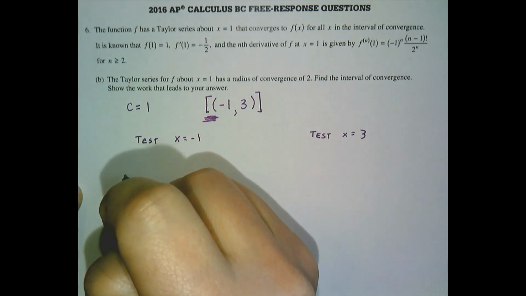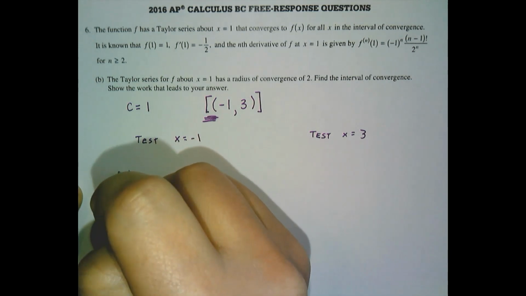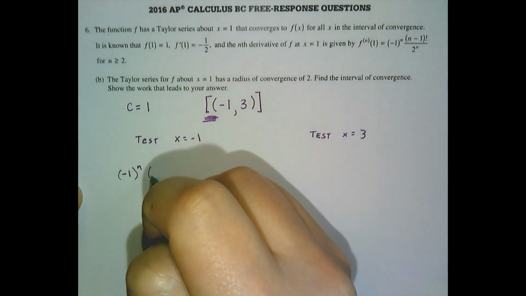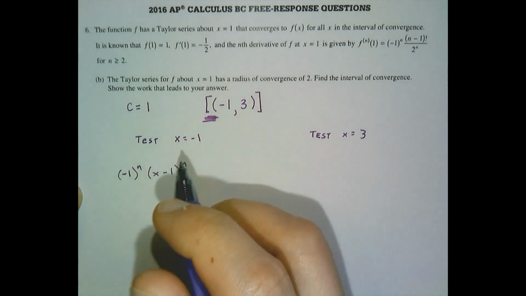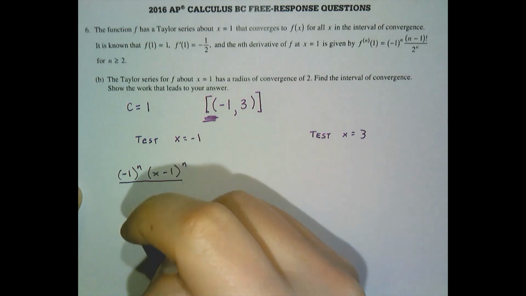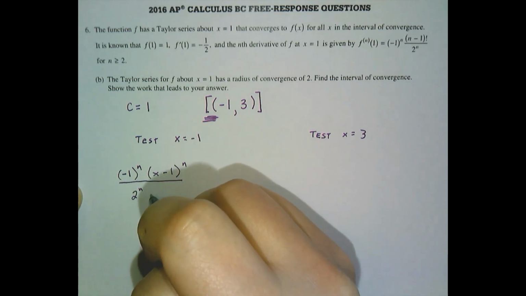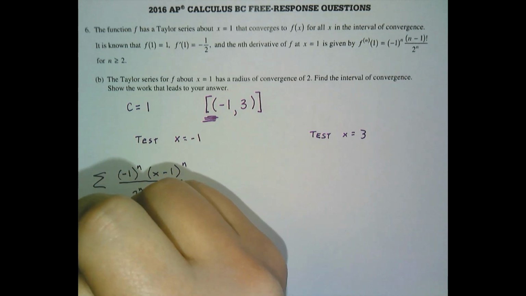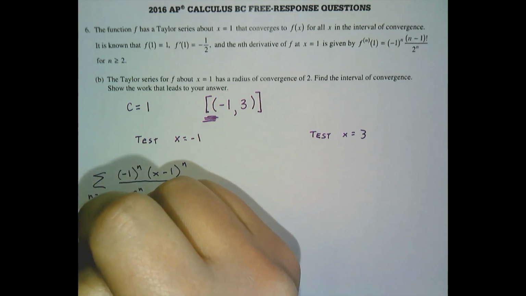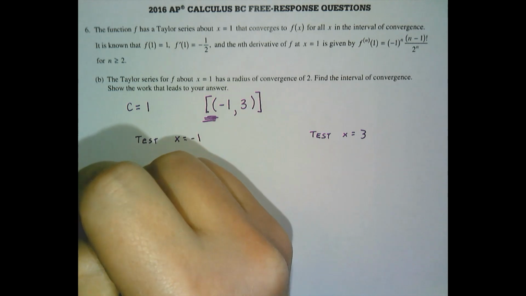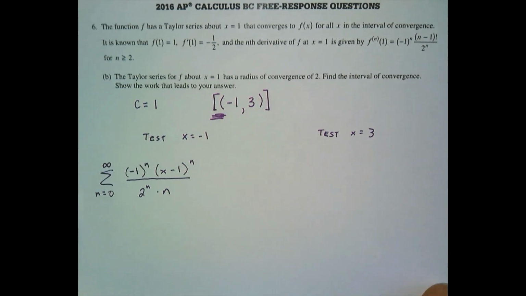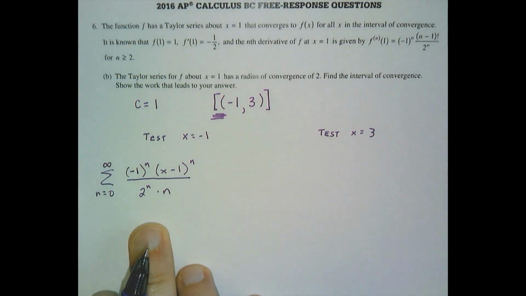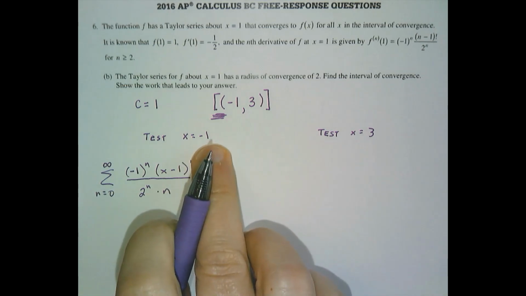So if we have our general rule as established in the previous problem, there's our Taylor series, and we want to test when x equals -1.